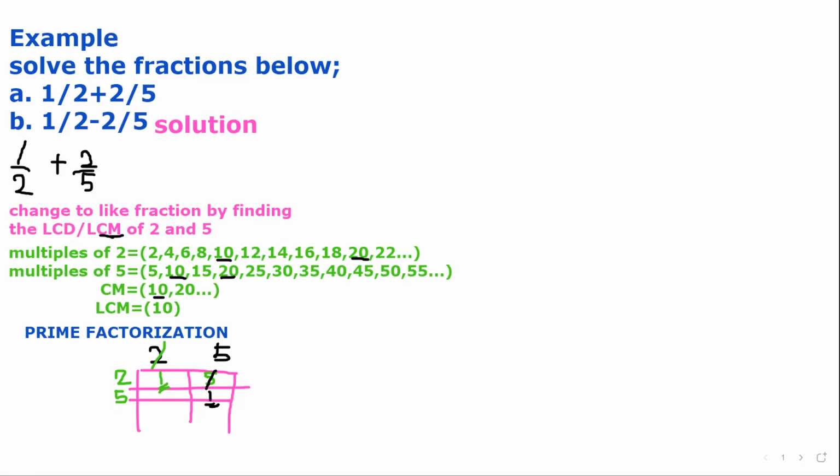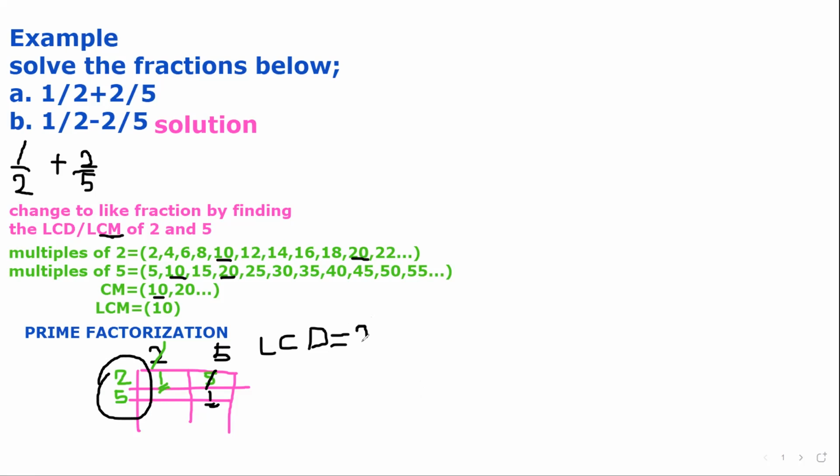Therefore, the LCM will be the numbers that we use to cancel those given denominators to get 1, the multiples of that. So here you write the LCD, which is the least common denominator, is equal to the numbers that we use to cancel the number, which is what?